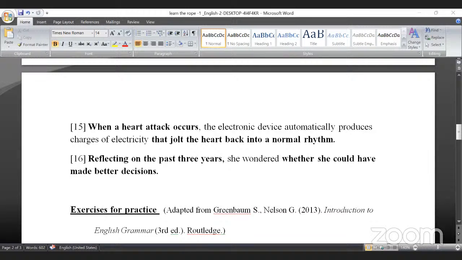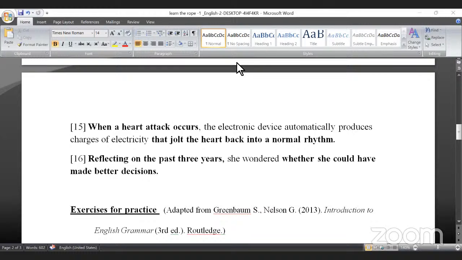I'm talking about the second clause in the 15th sentence: that jolt the heart back into a normal rhythm. That is a manner. No, let her answer. She had that doubt. Let her clarify it. That is an adverbial clause for manner: that jolt the heart back into rhythm. Yes, the manner. It shows the manner. Really?